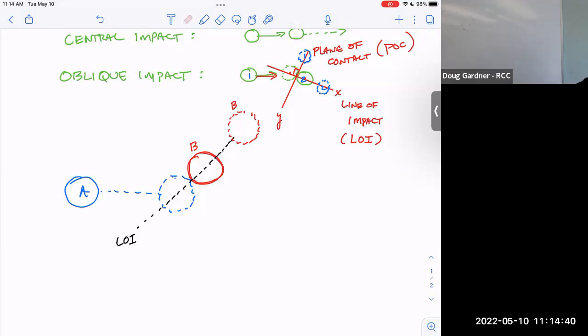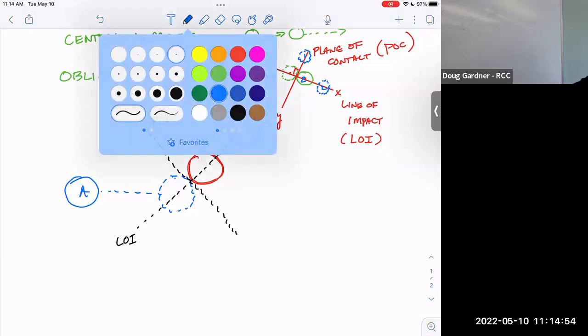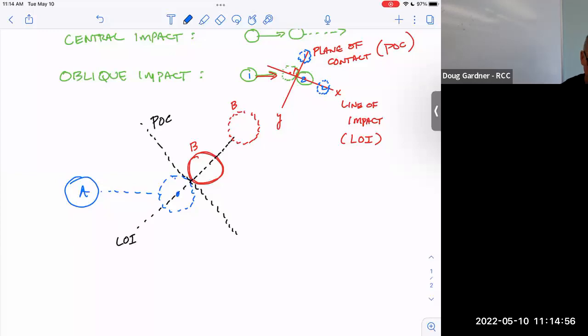Now, let's look a little more seriously at this other axis, the plane of contact. Where's that second ball actually going to go? Is it going to follow this line over here?